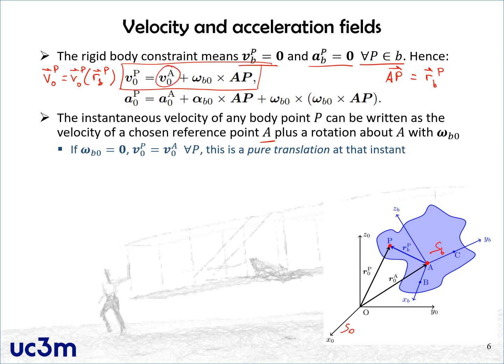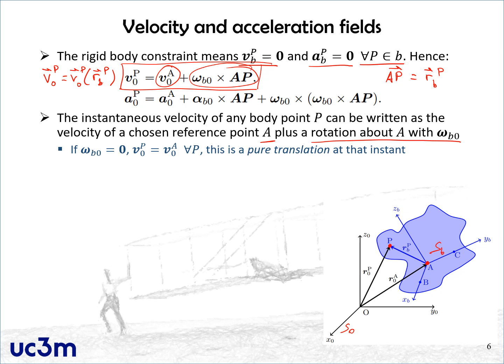And then another term which represents a rotation about that point with angular velocity omega S0, the second one. So we can always think of the velocity field in those terms. We have the velocity of one point that acts as the reference, and then about that point we have a rigid body rotation.